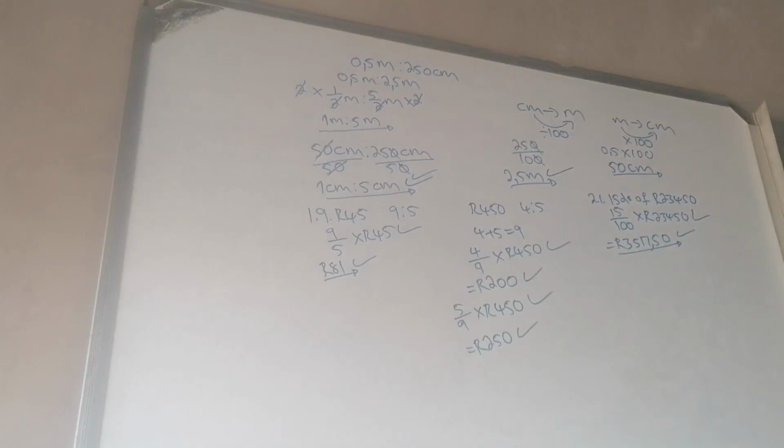You will get 2 marks for that. So 15% of 23,450 is 3,517 rand 50. Let us go to the next question.